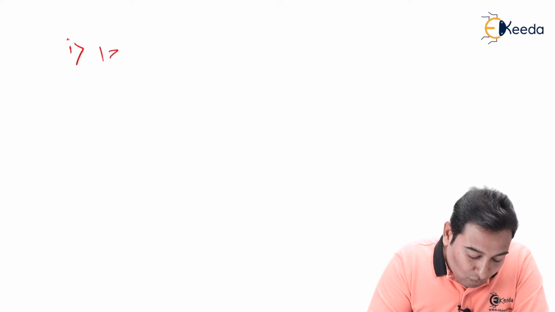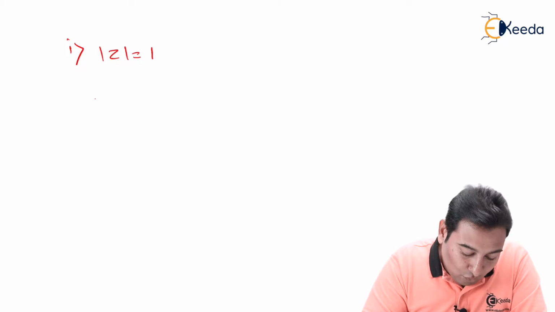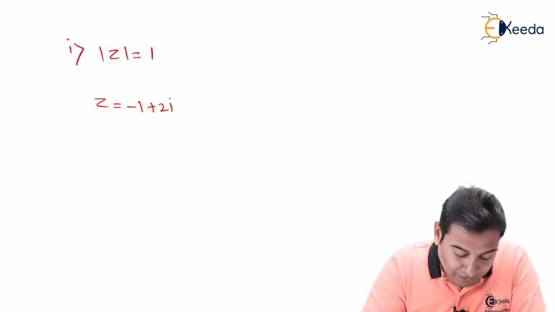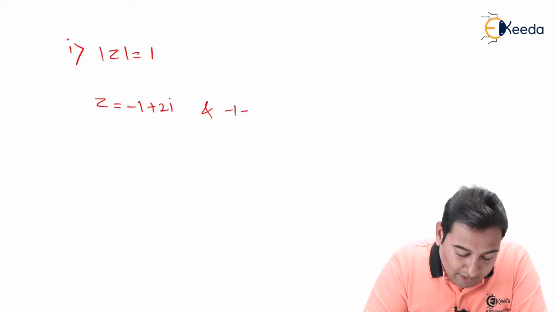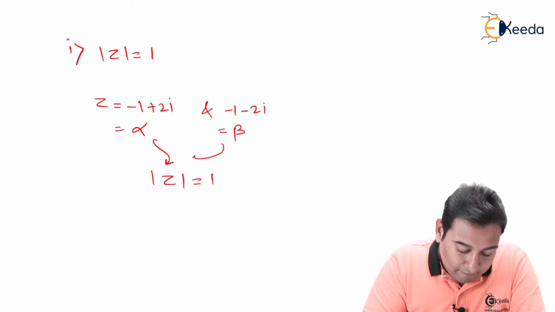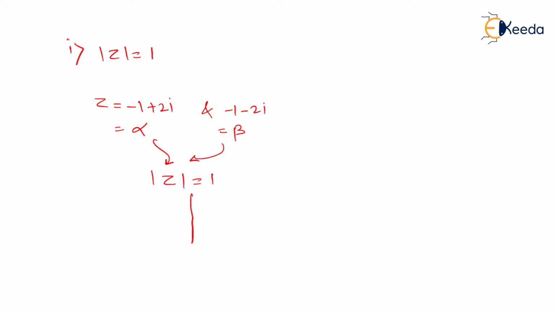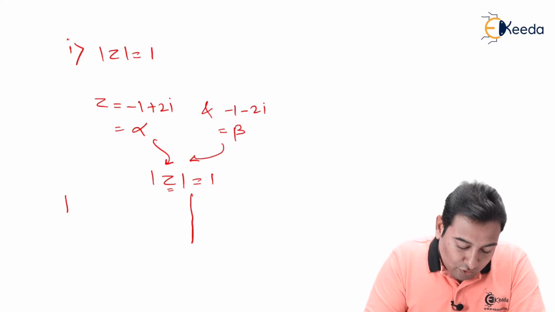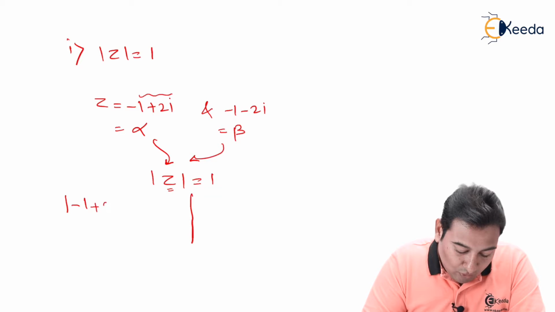The first region is mod z equal to 1. We have two poles, -1 plus 2i, that is our alpha, and -1 minus 2i, that is our beta. So let us check which is lying inside and which is lying outside. Instead of z, you're going to put -1 plus 2i.